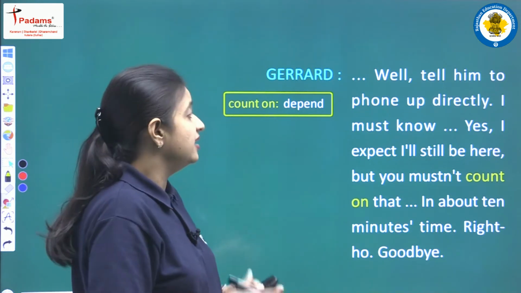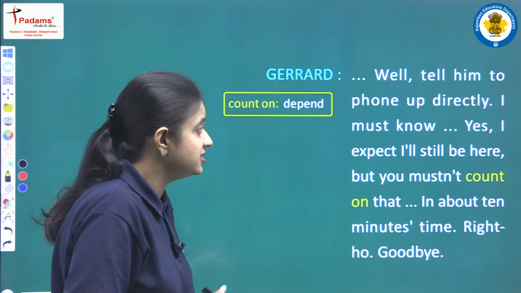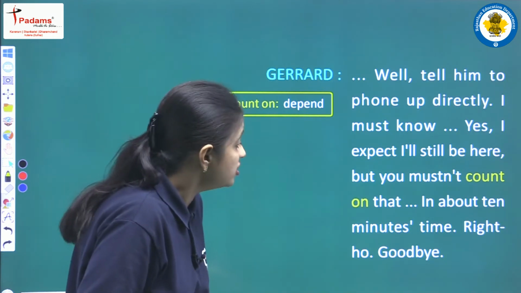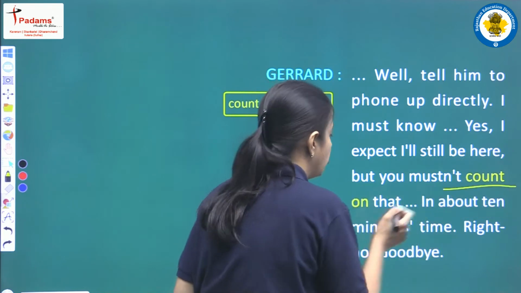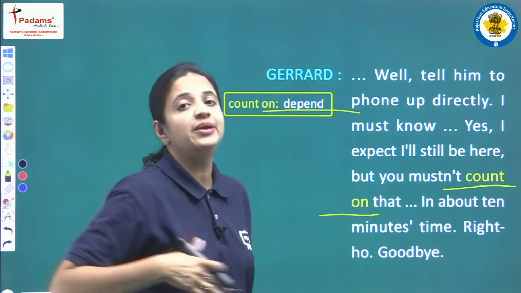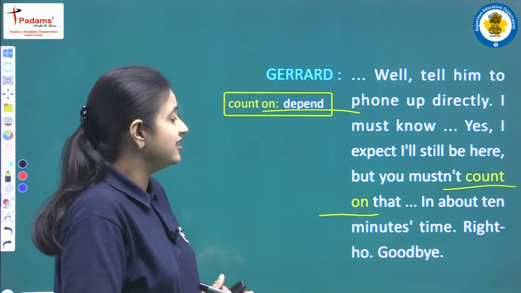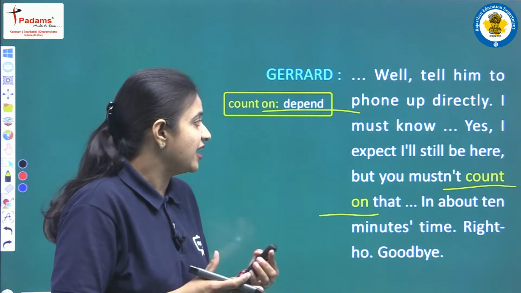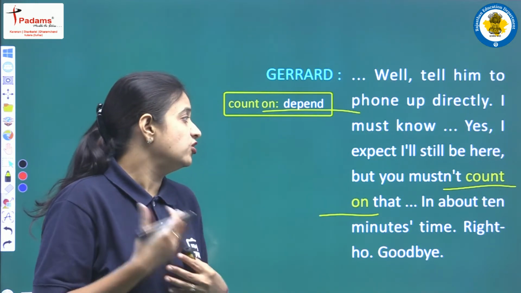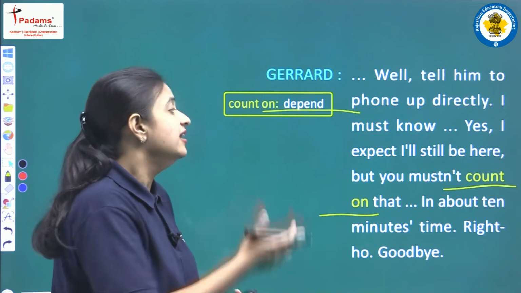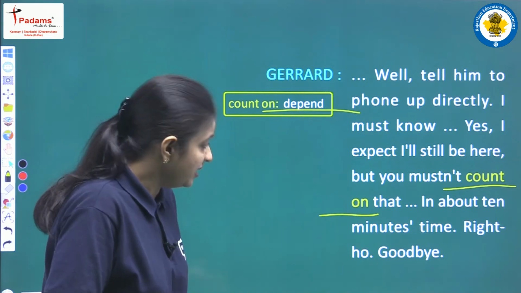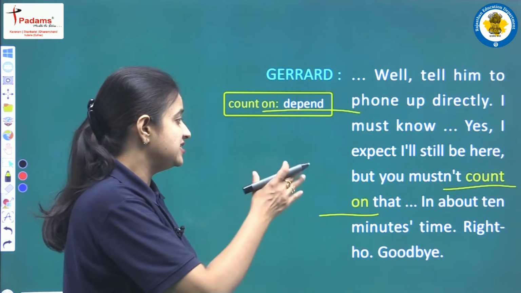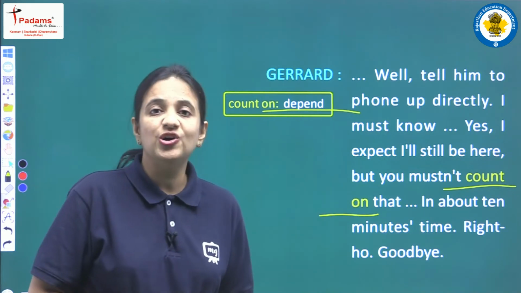Next he is saying, yes, I expect I will still be here, but you must not count on that. What does count on mean? Count on means to depend. So he is saying that I am expecting that I will be here, but you must not count on this. Next he is saying in about 10 minutes time, and then right ho and goodbye.